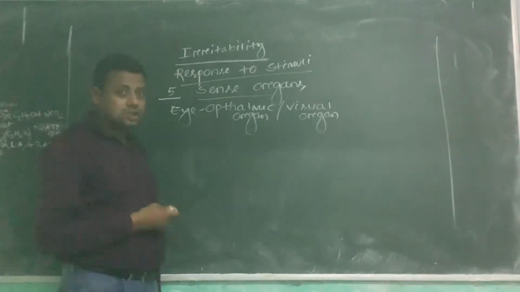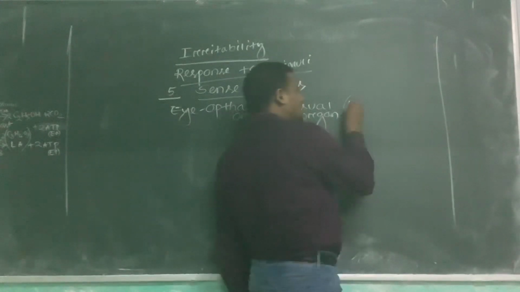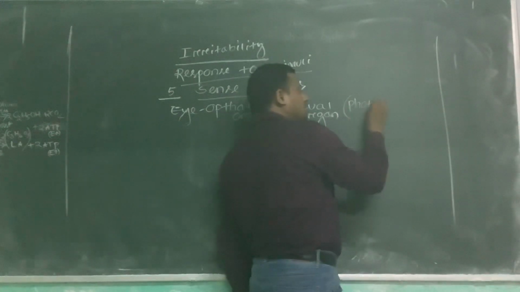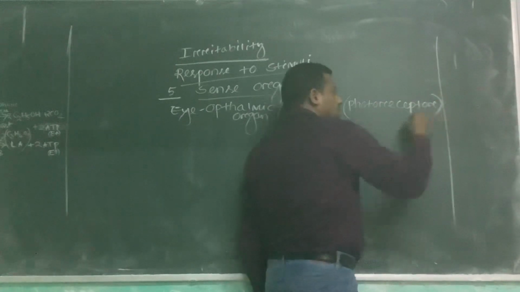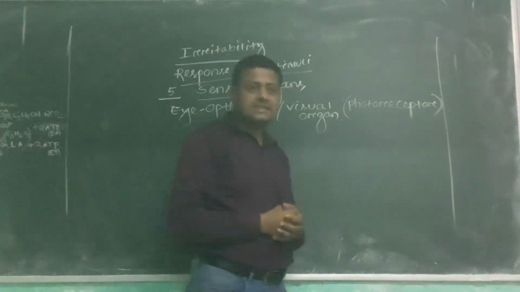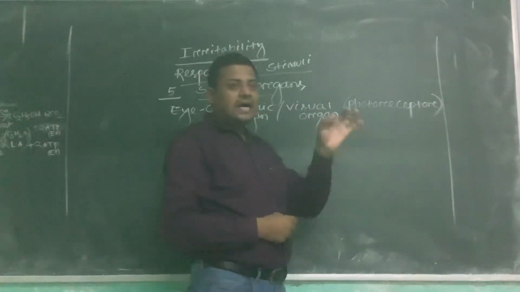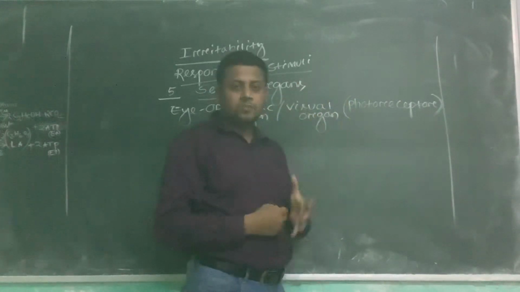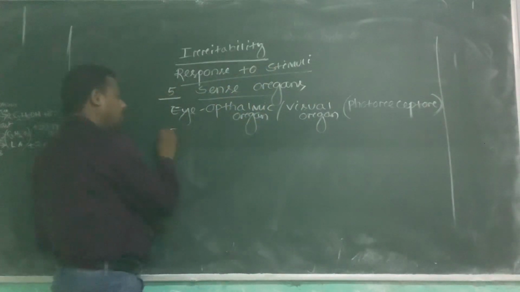That is the scientific term, zoological term or medical term, and it is also commonly called a photoreceptor. Photo means light. The eye receives light message for vision, so the eye is commonly called a photoreceptor.